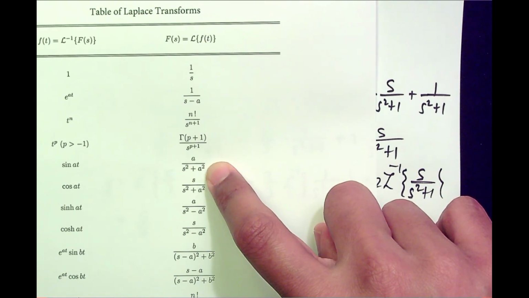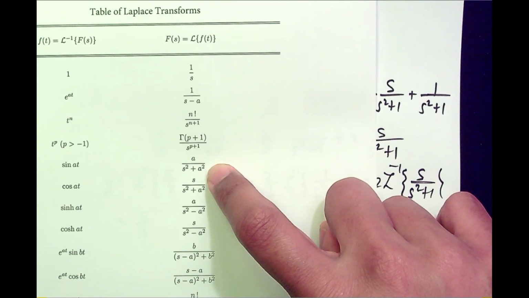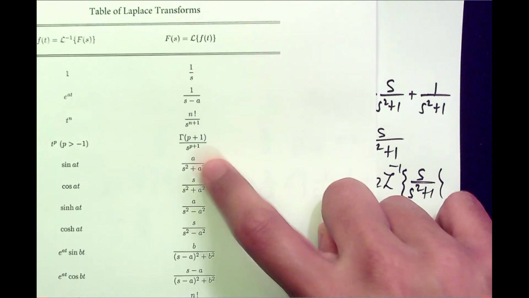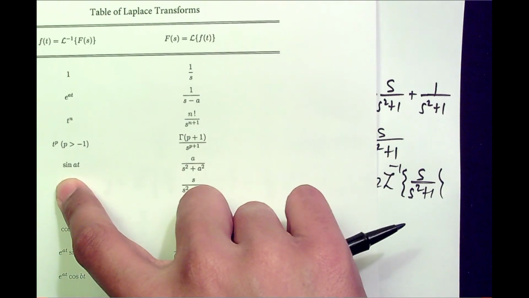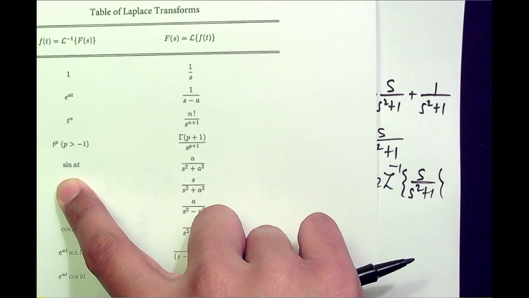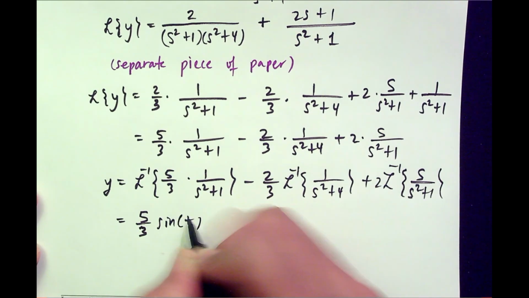If a equals 1, then this will be 1 over s squared plus 1. Inverting it, you get sine of 1t because the a is 1, so sine of t.